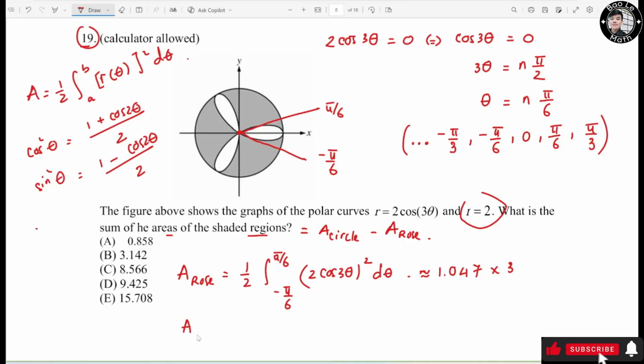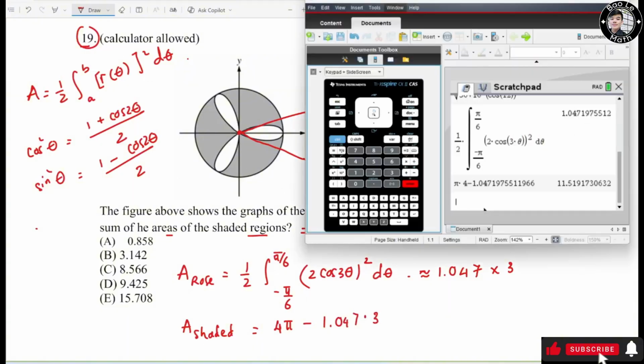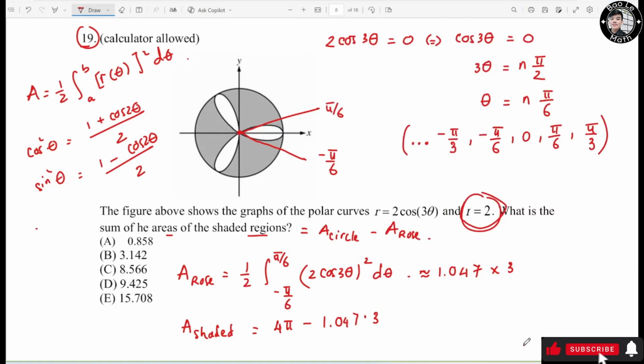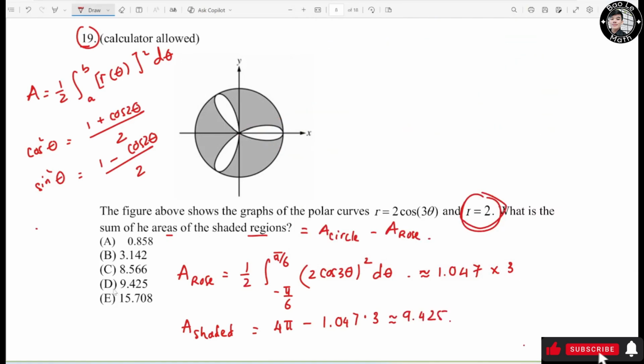So the area of the shaded region equals the area of the circle, which is pi r squared when r equals 2 right here. So it could be 4 pi subtract 1.047 times 3, right? So we're going to type up the calculator, press Ctrl Enter. It could be 9.425. So the answer is D.